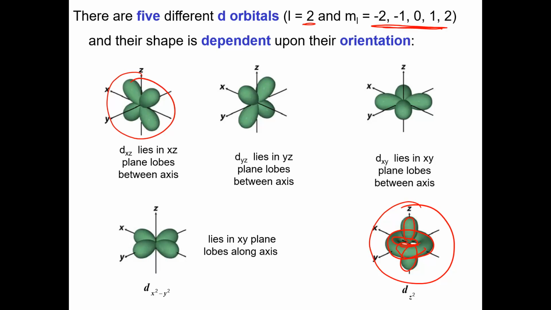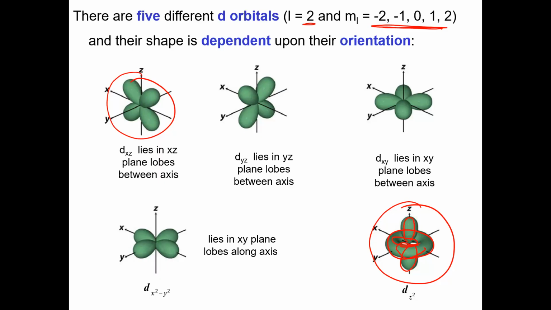So that one's a little different. We get the 5 orbitals with their 5 different orientations, and in one case we actually get a different shape. Put that all together and that's a D subshell.